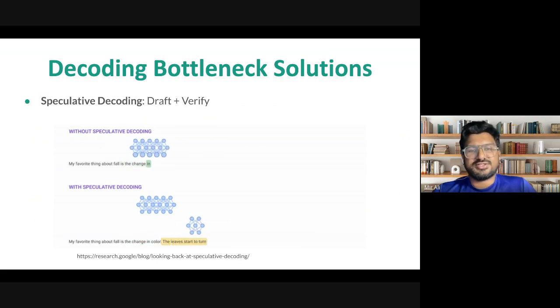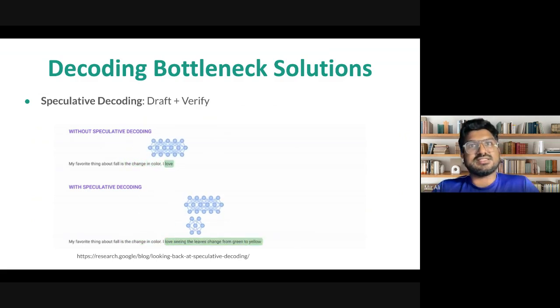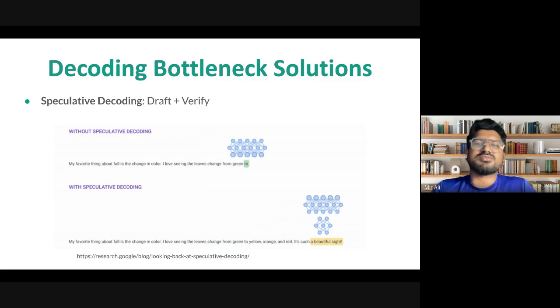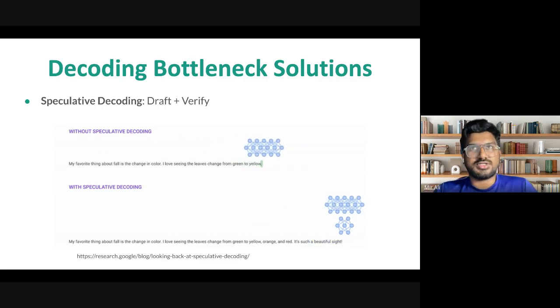The first one is speculative decoding, where we have a main target model, which is quite huge, and we have a draft model, which is smaller, takes less compute, and generates the tokens faster. As we see in the example, the draft model starts generating the output tokens.